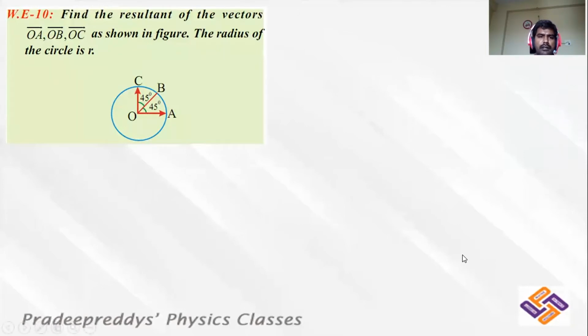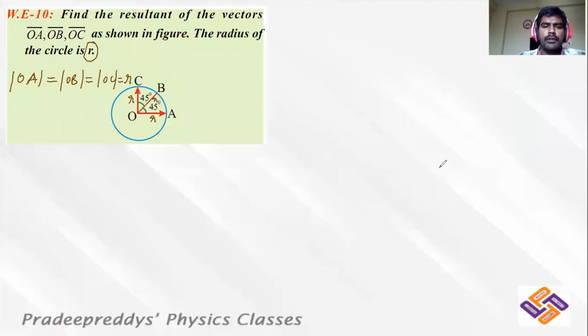Now in this figure, you are being given a circle such that OA, OB, OC are the three vectors, and the radius of the circle is given as R. So that means OA magnitude is equal to OB magnitude is equal to OC magnitude is equal to R, because R is the radius of the circle. Length here is R, length here is also R, length here is also R.